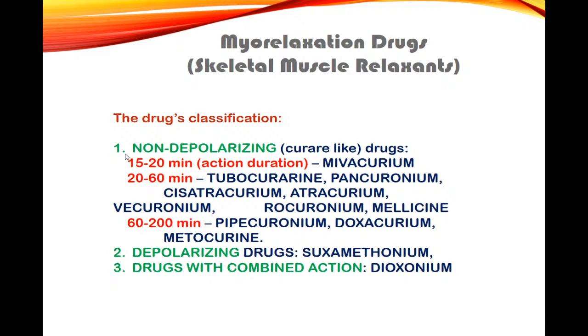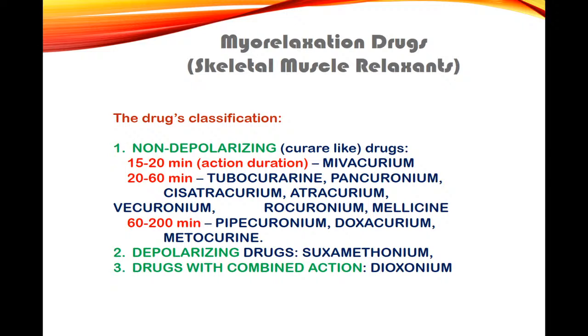First group, non-depolarizing or curare-like drugs. Second group, depolarizing. And third one, drugs with combined action. Non-depolarizing or curare-like. Why curare-like? Because all of them are derivatives of the poison curare.